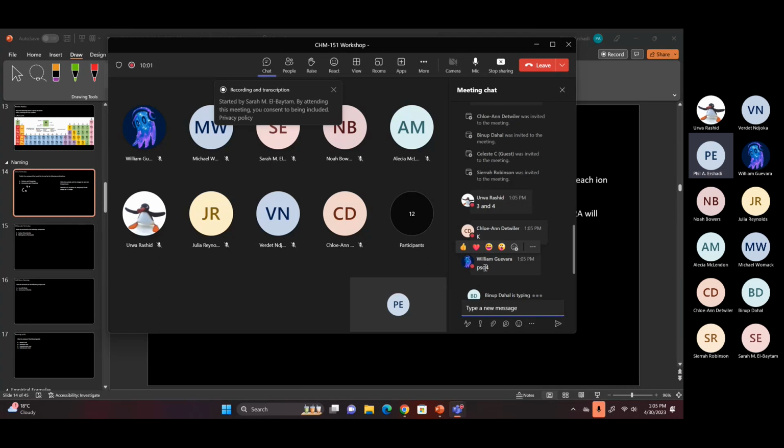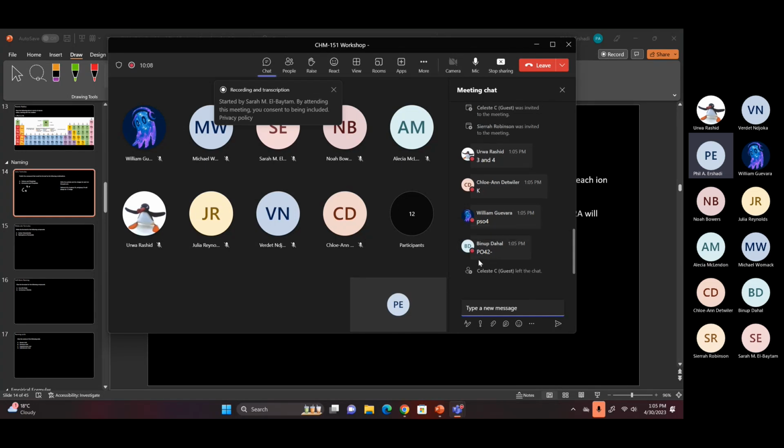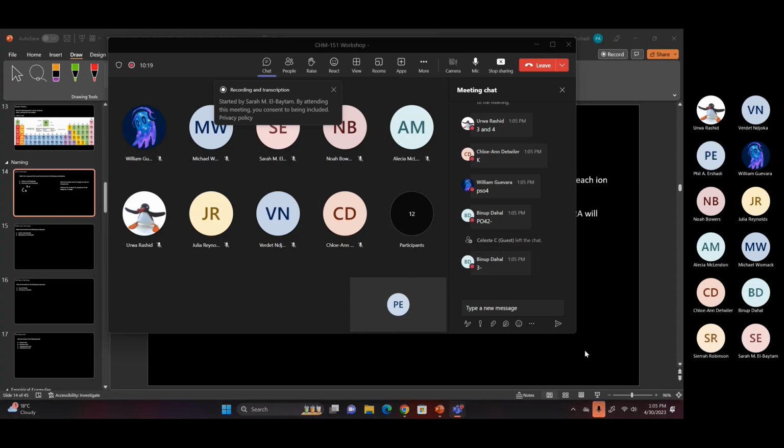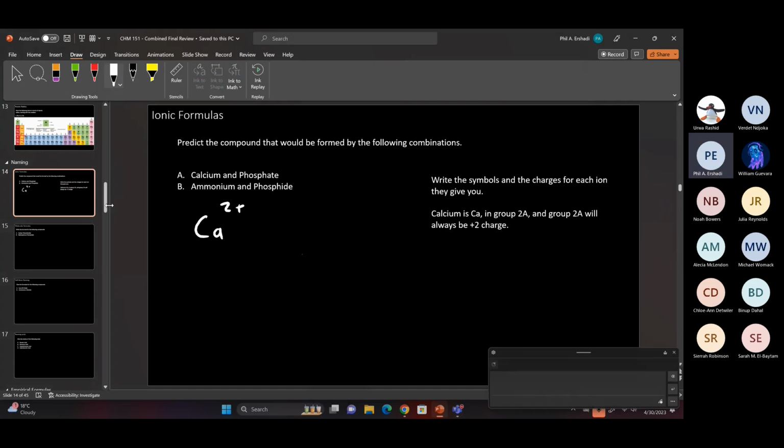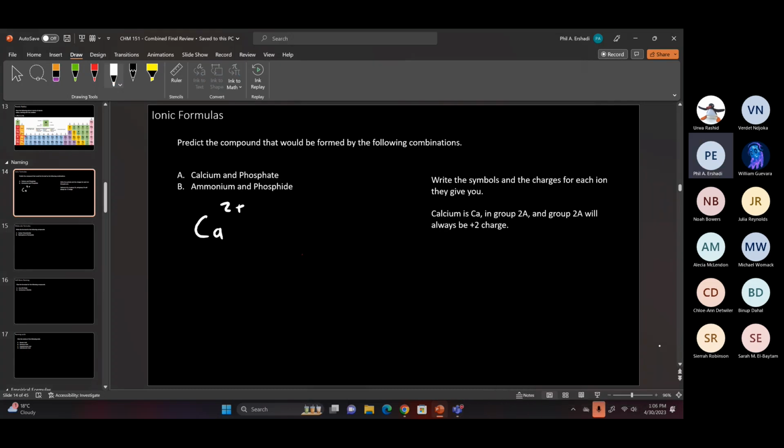So you got PSO4. You're close. It's PO4. PO4 is correct. You're even closer. So PO4 2 negative is close to that. Check your charge. 3 minus. Much better. So phosphate is PO4 3 minus. We'll type that into the text box for those of you who want to review the notes later.